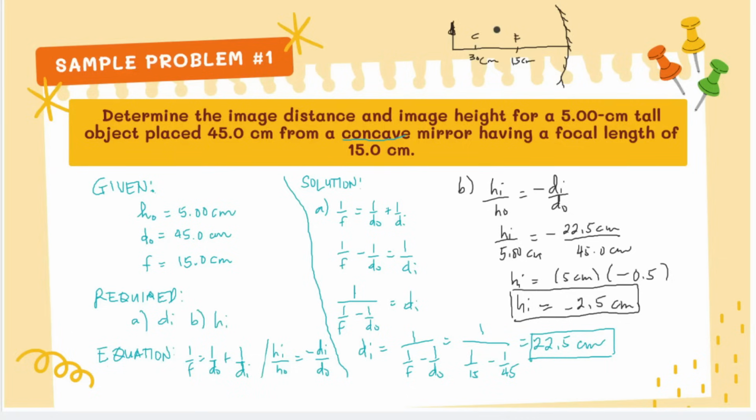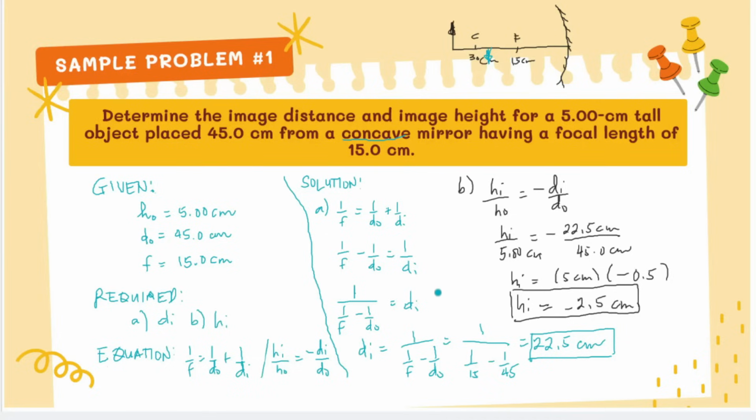So that would be in between 15 and 30. Tama? So around here. Smaller siya, about half of the height of our object, pero nakabaligtad, kaya negative po yung nakuha natin na value. So, yun yung ibig sabihin ng mga sign na nakukuha natin doon sa ating mga sinosolve. Okay?